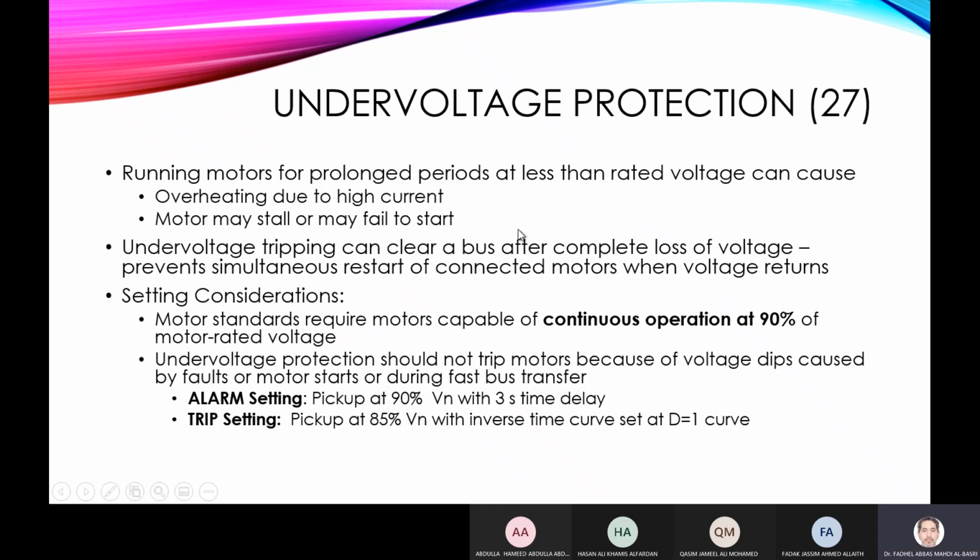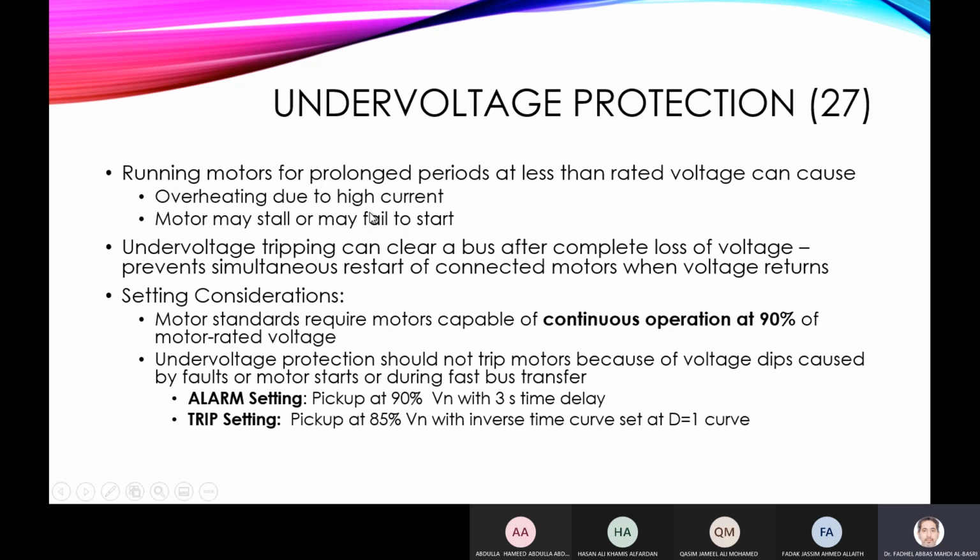So also this is provided if you want to prevent the following: suppose there is a dip in voltage, let's say to 40%, and because of this some contactors will switch off motors. Or suppose you really acted and tripped the motor.